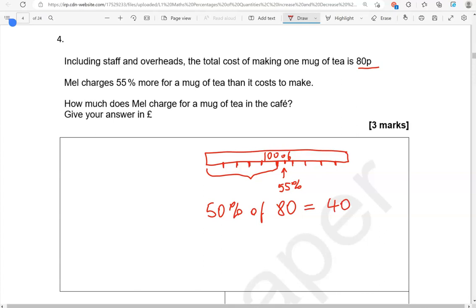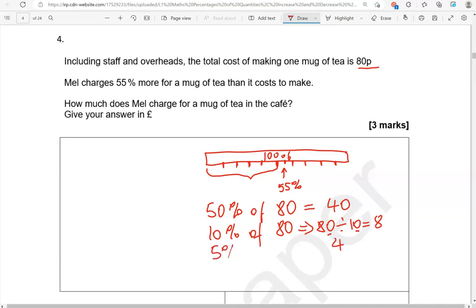Now how do we get the 5%? We can get the 10% and then halve it. So 10% of 80, that is 80 divided by 10, which gives us 8. So knocking off a 0. Now half of 8 is going to be 4.